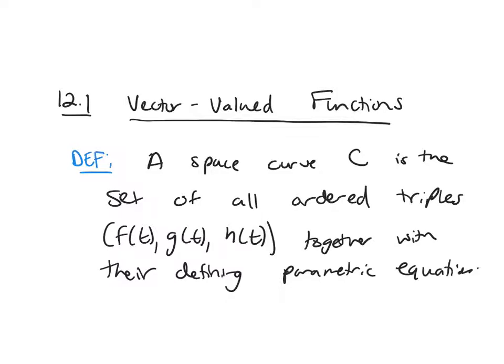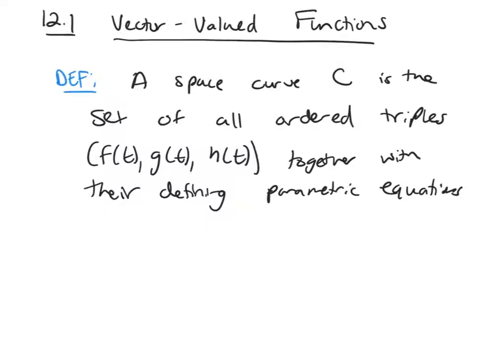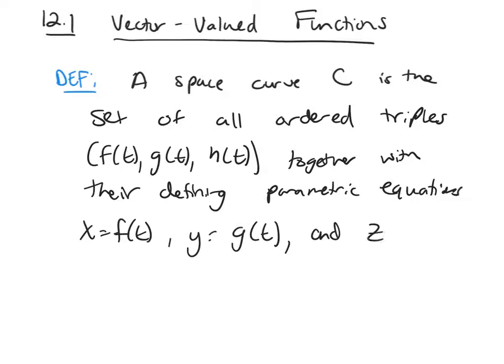So the parametric equations would be x equals f of t, y equals g of t, and z equals h of t. We kind of saw something similar back when we talked about lines, but now we're talking about any kind of curve C in space.